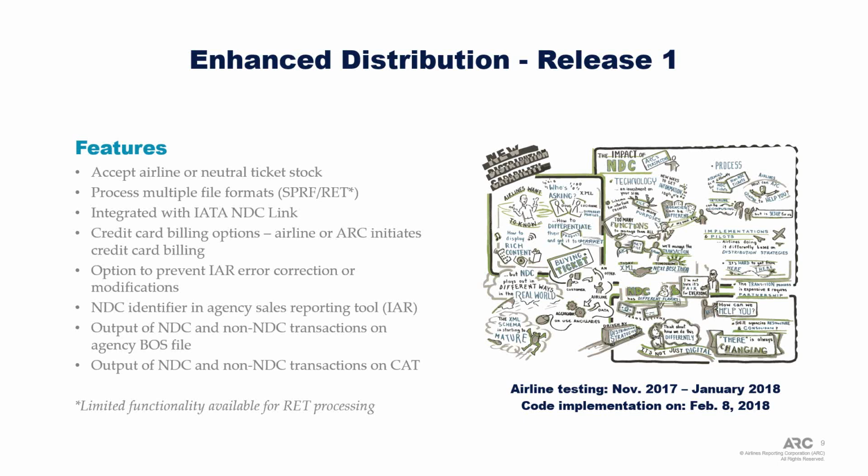So they've asked us to put in functionality that inhibits the ability to bill credit cards. Even though they may send those transactions to us for reporting purposes, and we'll get to that here in just a moment, we would not initiate credit billing. But that is an option. We can do it or not do it.